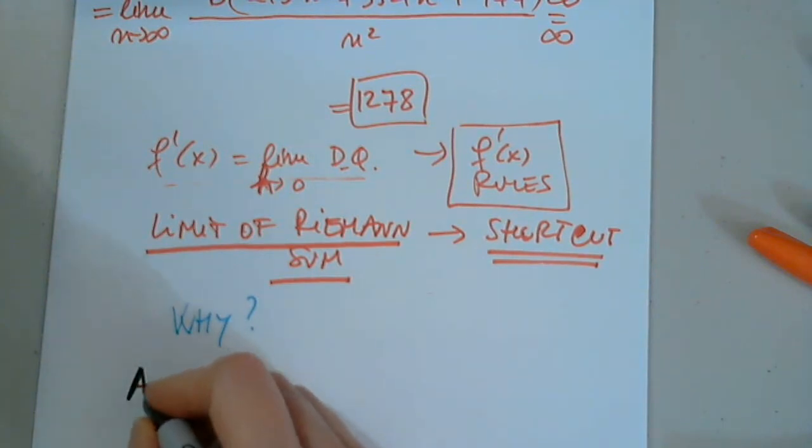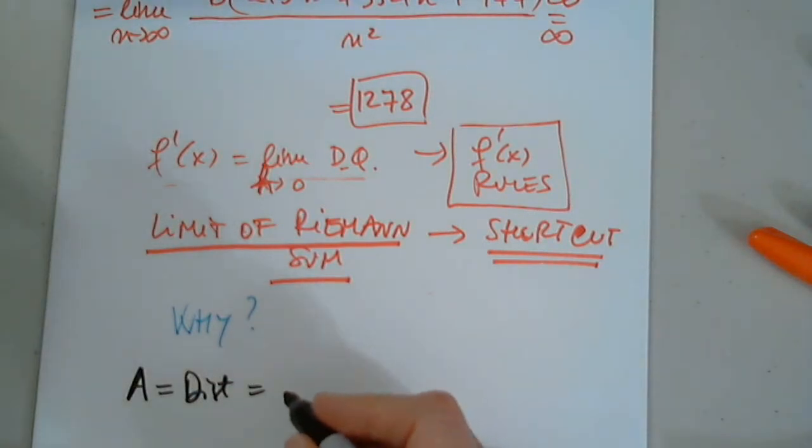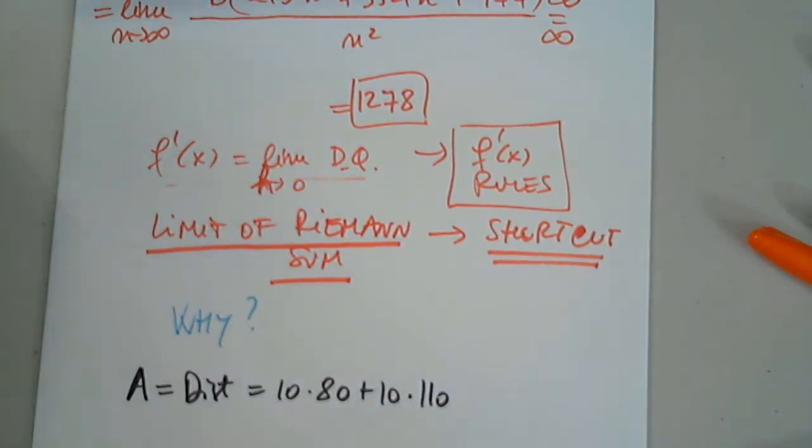So the area, which is the distance between 0 and 30, will be base, which is 10, I'm going to estimate times 80 plus another 10 times, I'm going to estimate this height as being 110, because this is 100, so 80, 90, 100, 110, and the last one is 120, plus 10 times 120.